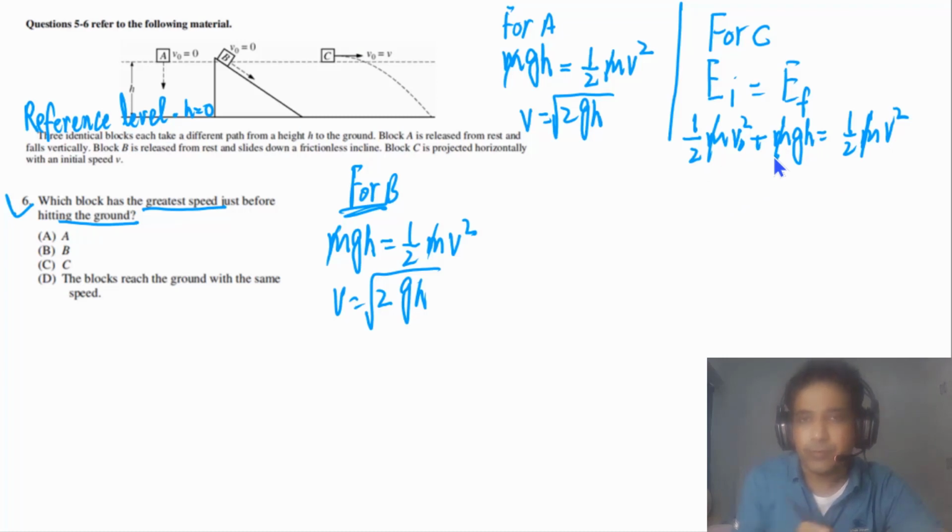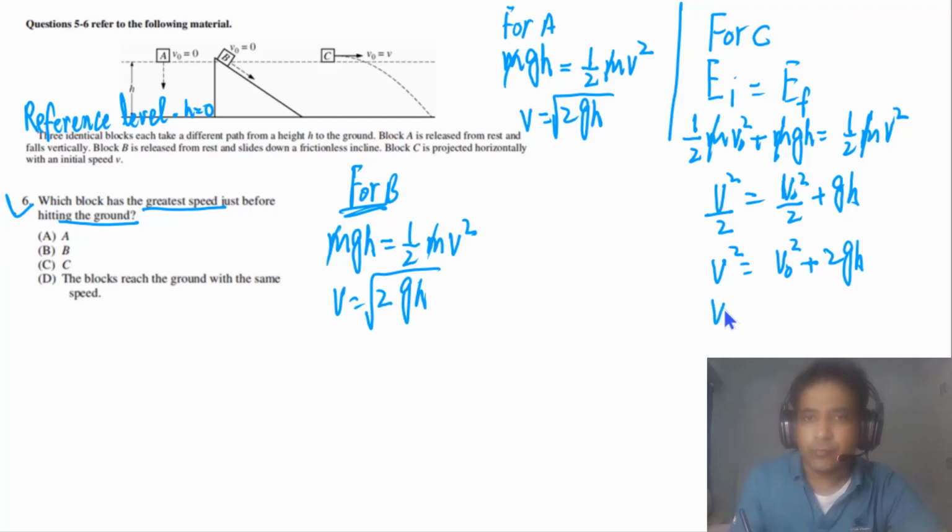So v square divided by 2 is equal to v naught square divided by 2 plus gh. Now v square is equal to v naught square plus 2gh. So we need to calculate v: v will be equal to the root of v naught square plus 2gh.